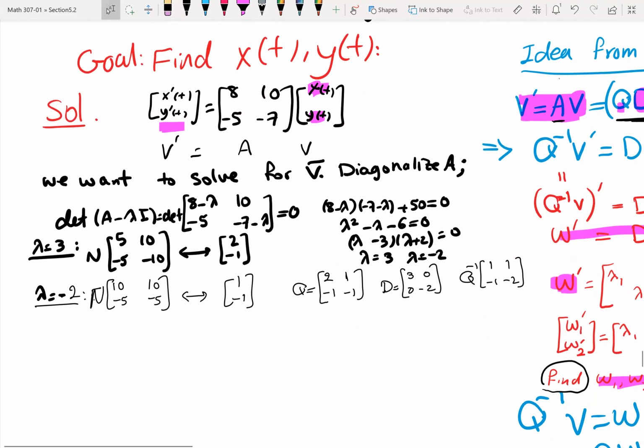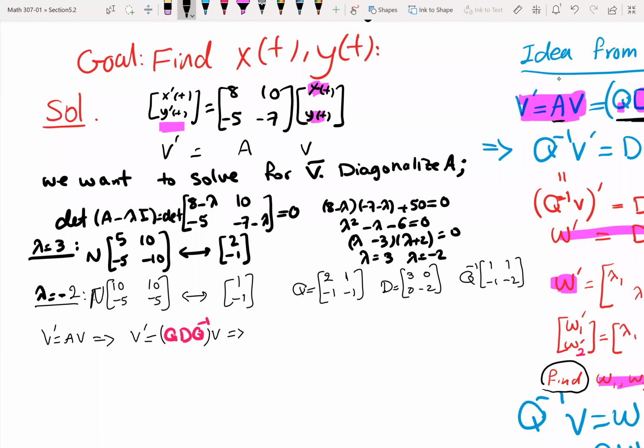So then what was the original? It was V prime equals A times V, and this is what we know about the diagonal: A is Q, D, and then Q inverse, and then I have V, right?